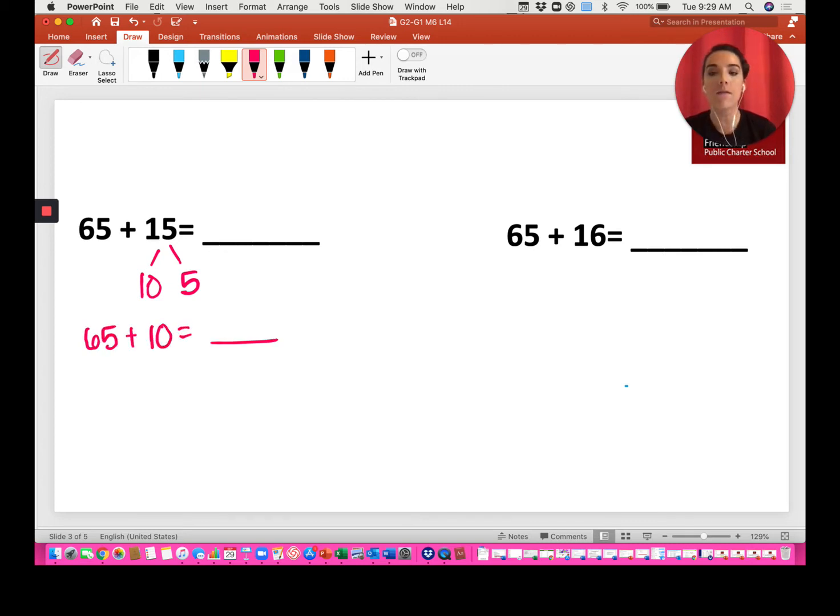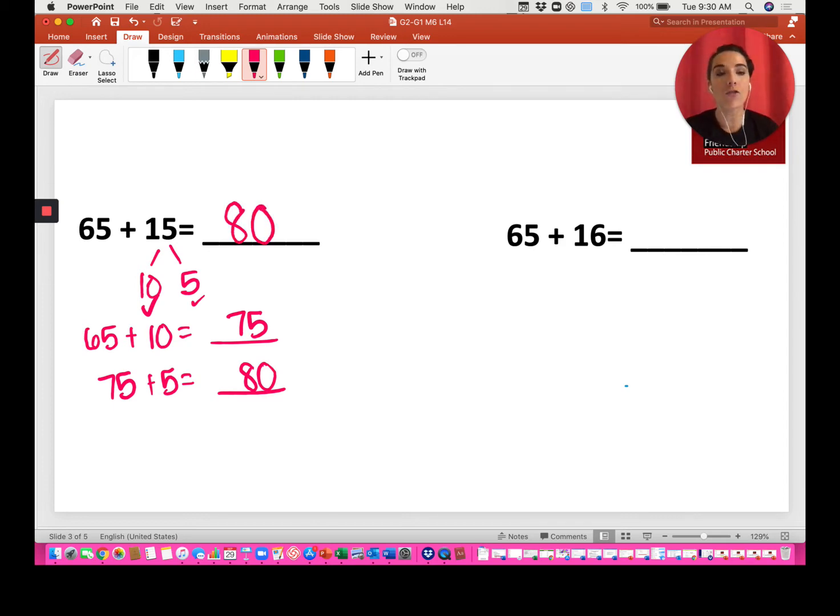What is 65 plus 10? It's 75. Very good. Use your skip counting to help you. Now, with 75, I need to add to it what more? That 5 more. And so 75 plus that 5 more is what? 80. Excellent job. So 65 plus 15 is 80.